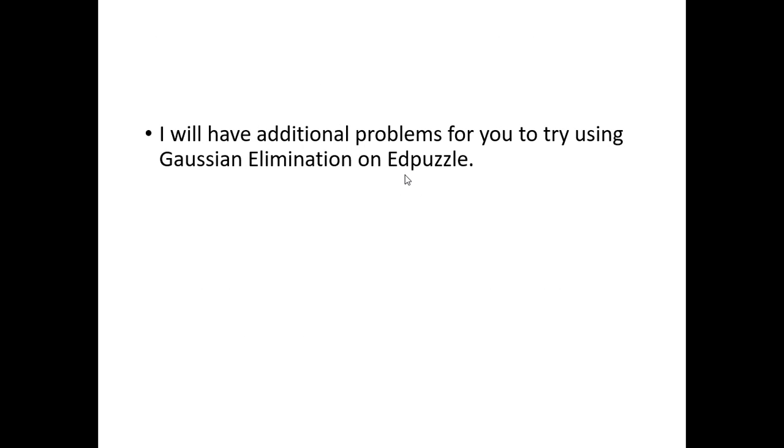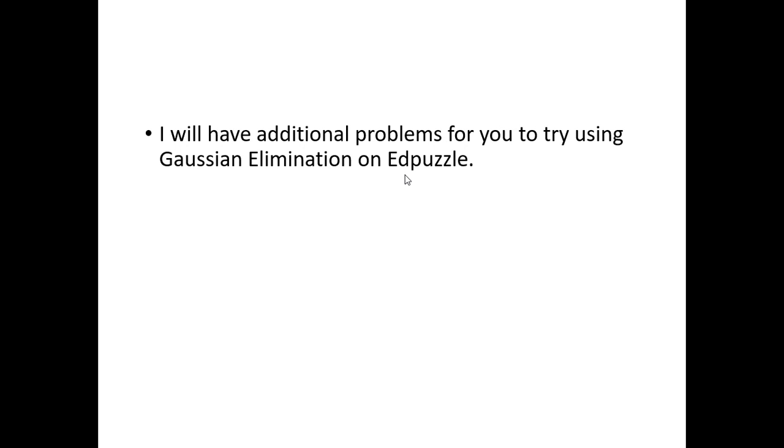Now, I'm going to leave some problems because it's hard to do multiple choice with Gaussian elimination or row echelon form. So I'm just going to leave some problems on Edpuzzle for you to go ahead and plug in your answers that you got. I am using easy numbers, okay? Because I want you guys to practice.